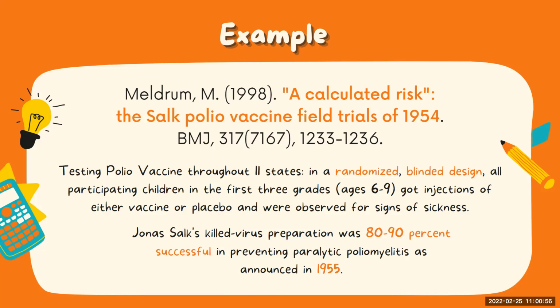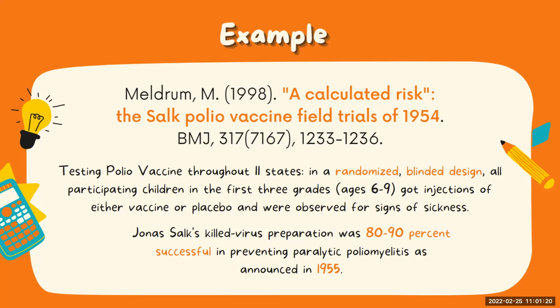A proper example would be research done by Marcia Meldrum in 1998 titled A Calculated Risk: The Salk Polio Vaccine Field Trials of 1954. Using the randomization research method, the polio vaccine was tested throughout 11 states in a randomized blinded design.